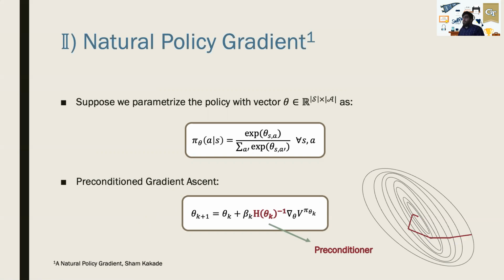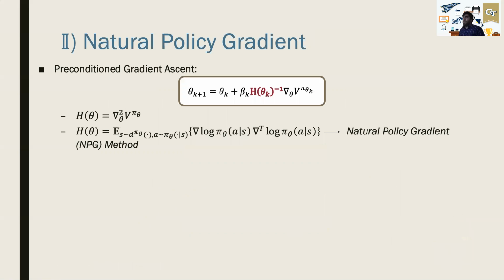Instead, what people do is multiply the gradients by some preconditioner, and we take steps towards this tilted gradient. There are two famous preconditioners. One is the Hessian matrix, which results in Newton's method in the space of theta. The second one is the Fisher information, which results in the natural policy gradient.